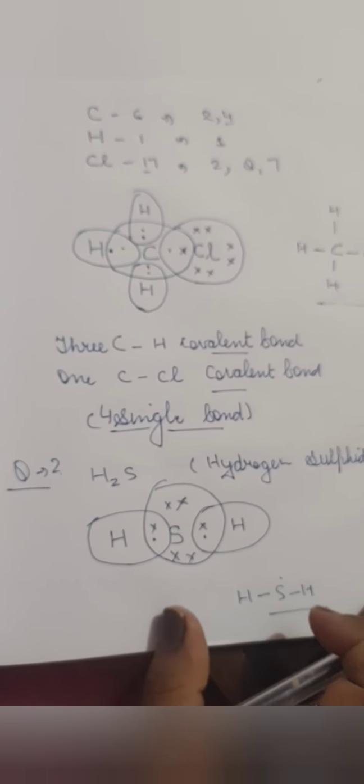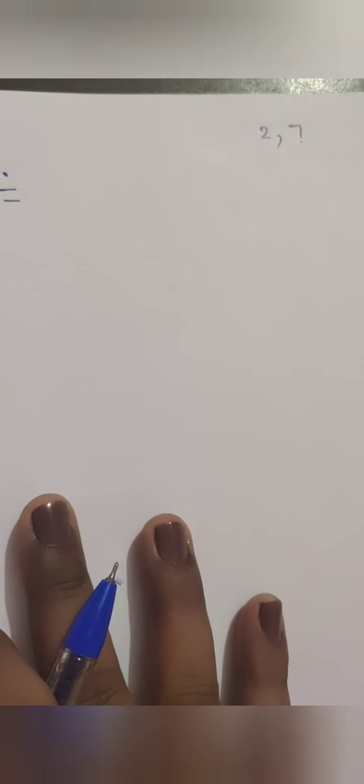Okay, so this is this question. Now after this we'll come to the next question, which is the fluorine molecule, F2. It's also very simple. Fluorine has atomic number 9, so it has a 2, 7 configuration.